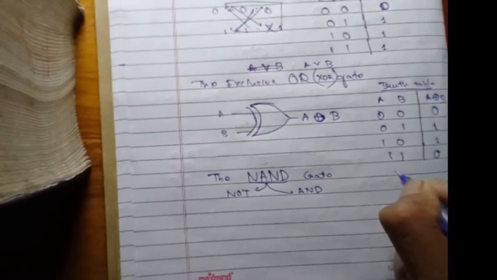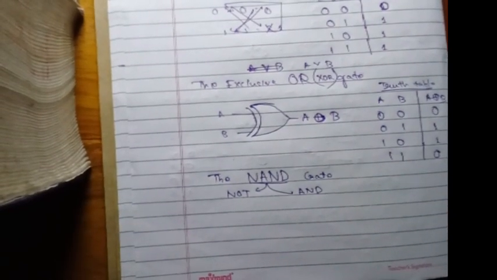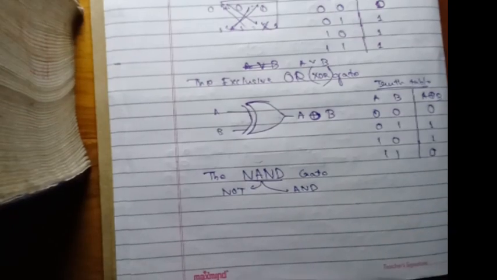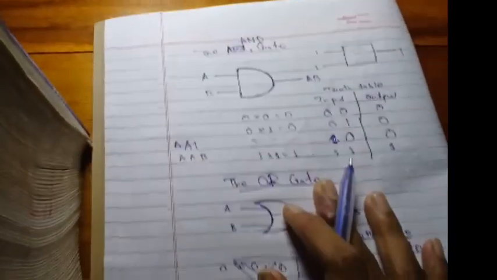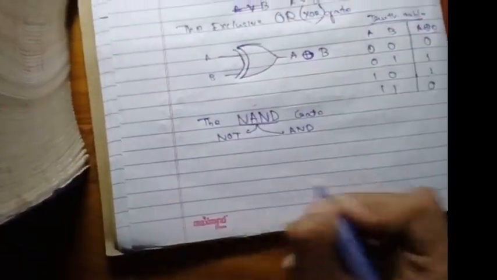I told you that a small circle is used to flip the output. So let's see this. It is the AND gate and I will draw a small circle here. See.